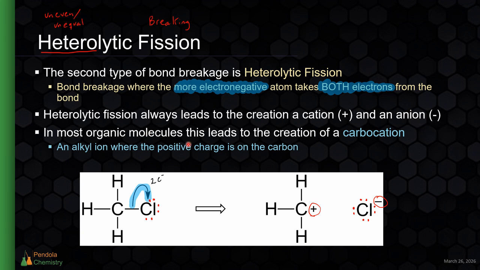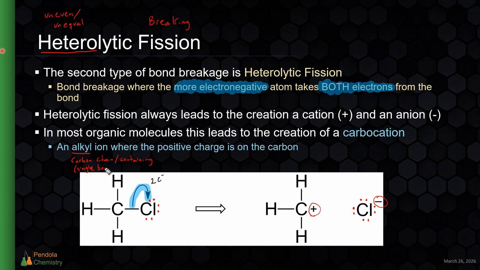In most organic molecules, this is going to lead to the creation of what we call a carbocation. A carbocation is an alkyl ion, and remember the term alkyl, you're going to see this term a lot, it just means carbon chain or carbon containing. So a carbon chain, essentially a single bonded carbon chain.